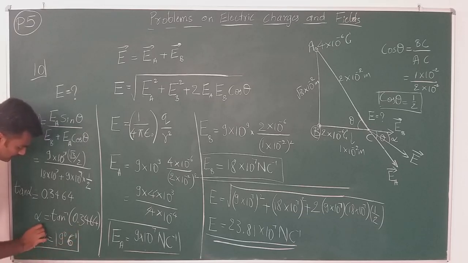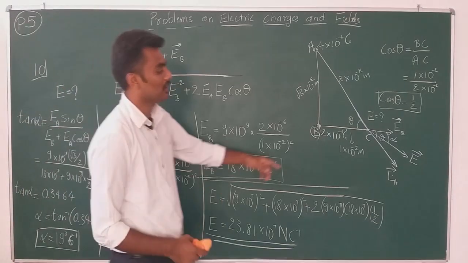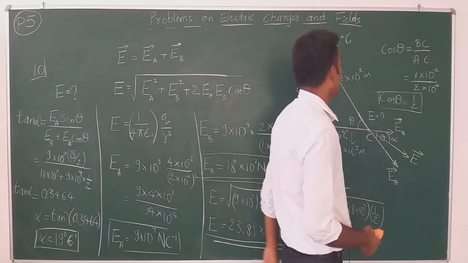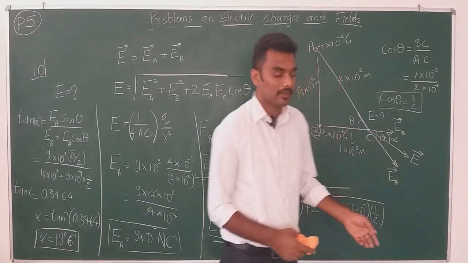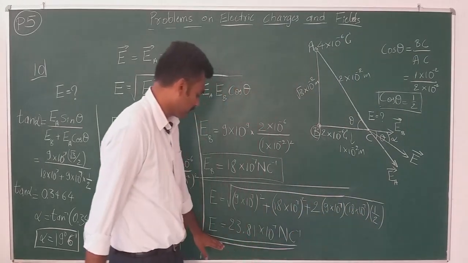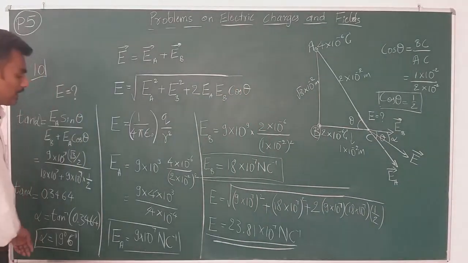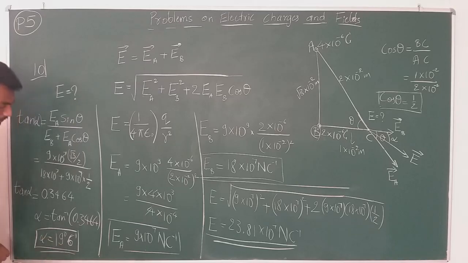So, this is what alpha is, which is measured with respect to EB. This is the magnitude part of the solution and this is the direction part of the solution.